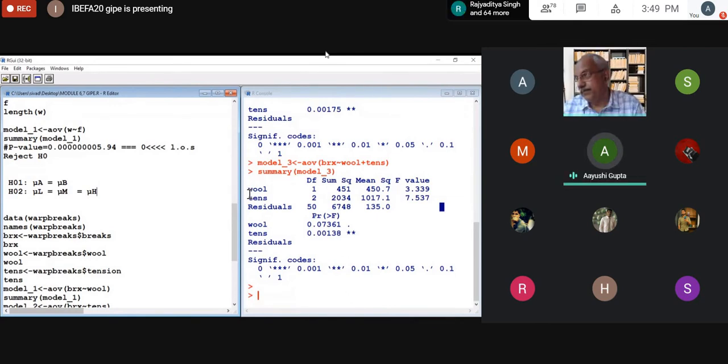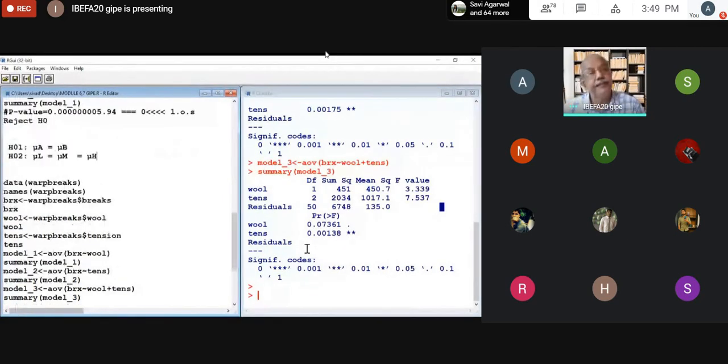What if the other two variables are not strings? Then how do we come to know about the dependent and the independent variable? Variable is always one in any of the testing. Measurable characteristic is breaking strength, but it is coming through different types of wool and different levels of tension. Clear?